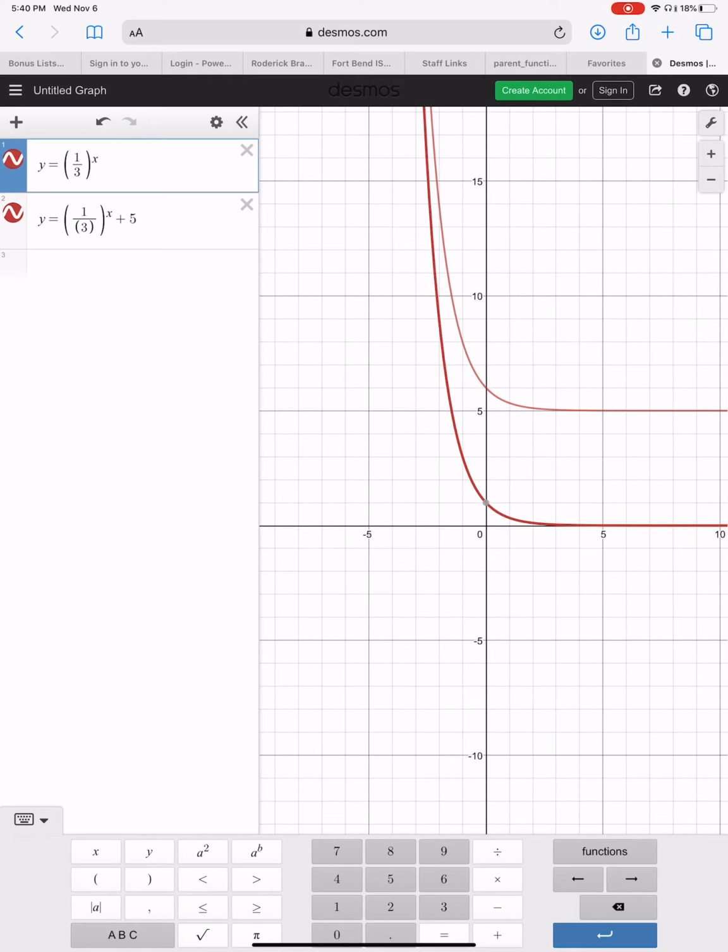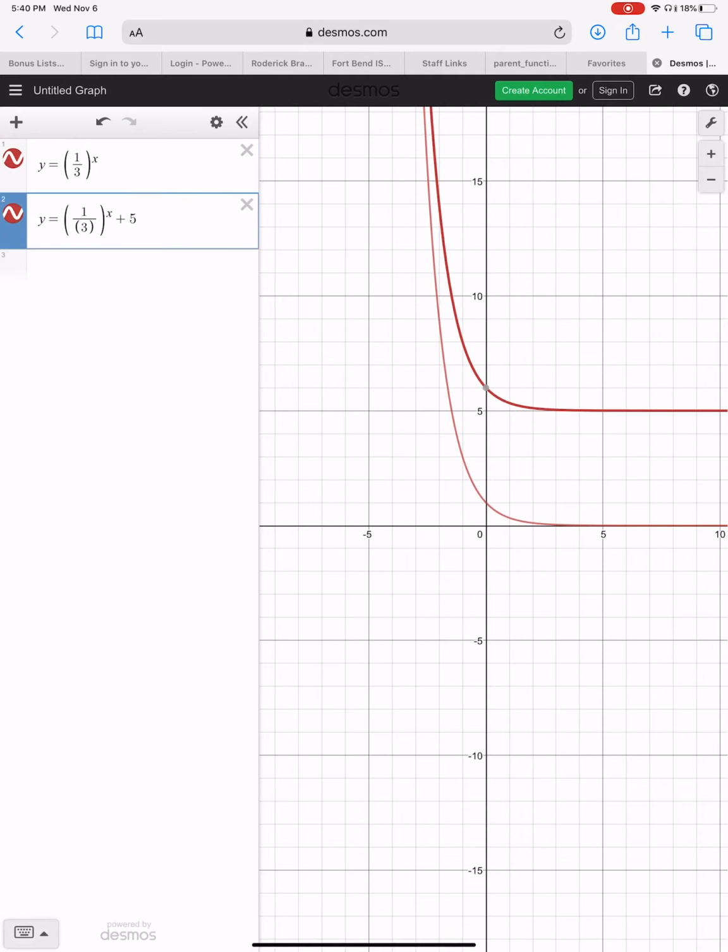Let me change the color on this second one.